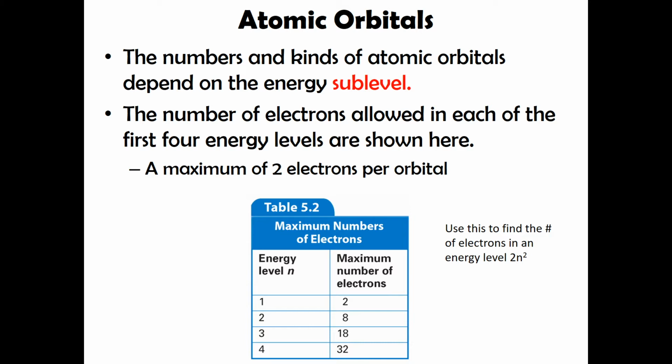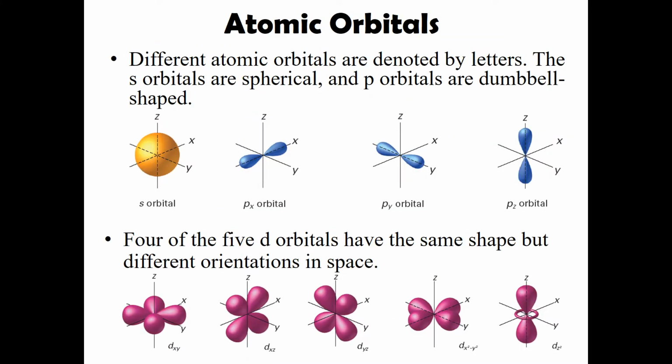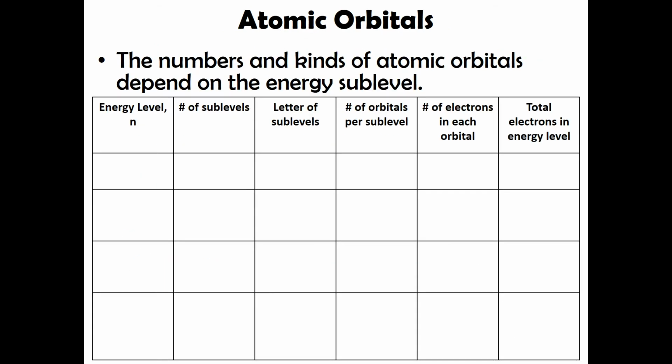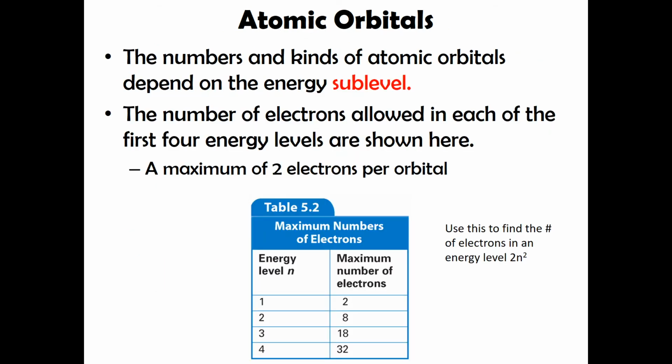A maximum of 2 electrons can exist in any orbital. In the first energy level, a maximum of only 2 electrons can exist. In the second energy level, only a maximum of 8 can exist.